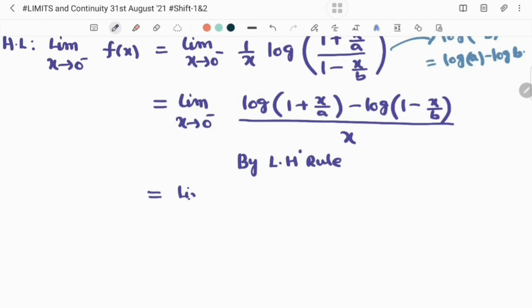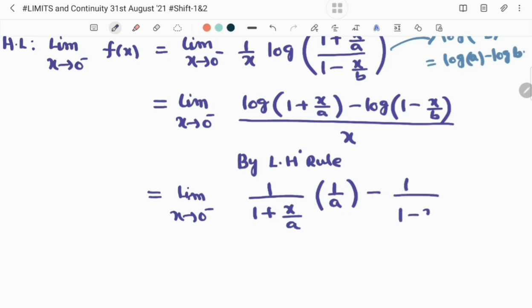So limit x tends to 0 minus, log of 1 plus x by a derivative is 1 by 1 plus x by a. Again x by a derivative is 1 by a, constant, x derivative is 1. Minus 1 by 1 minus x by b. Again x by b derivative is minus 1 by b, coefficient of x.